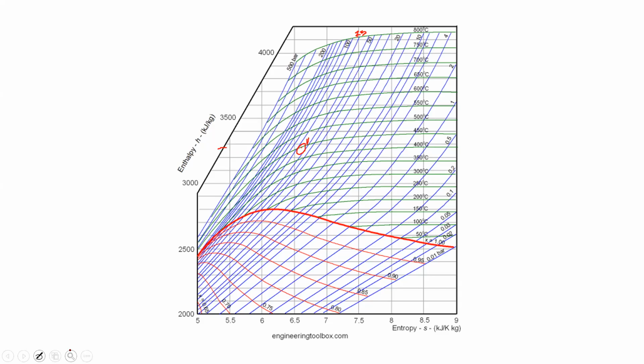At this position, the enthalpy H1 is approximately equal to 3000. If you take a look, this is the 3000 line, 3100, 3200, and this is the 3300 line.